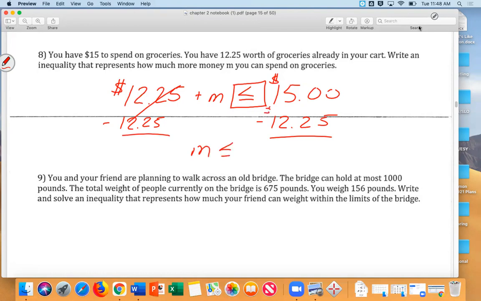If you spend $12.25 of your $15, what would that be? $2.75. So you could get a couple Gatorades, maybe a power bar and a Gatorade. You could call it a day. All right.